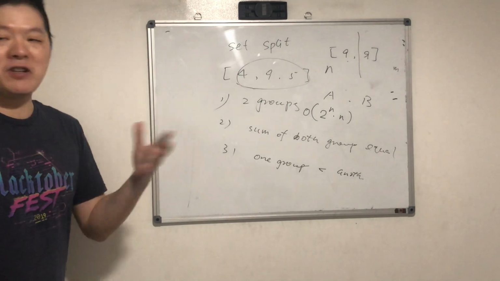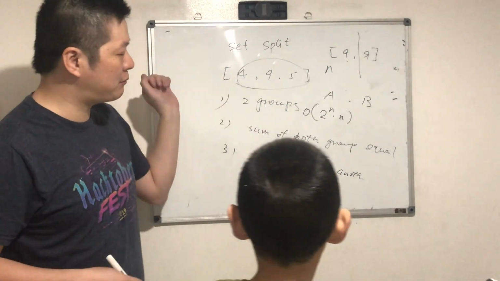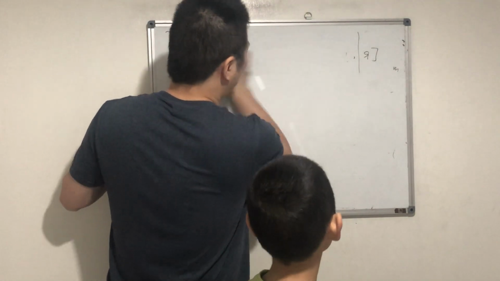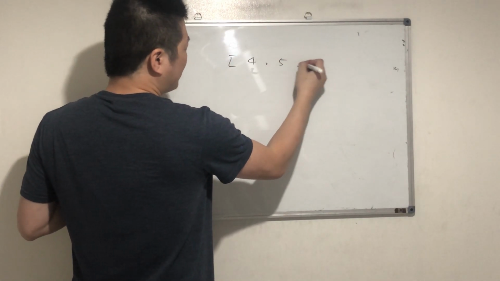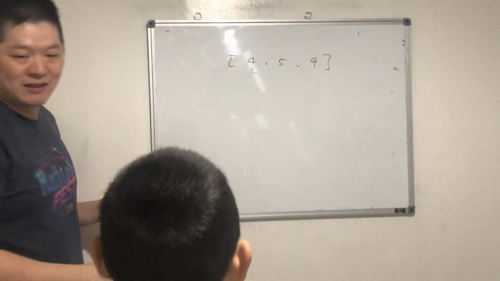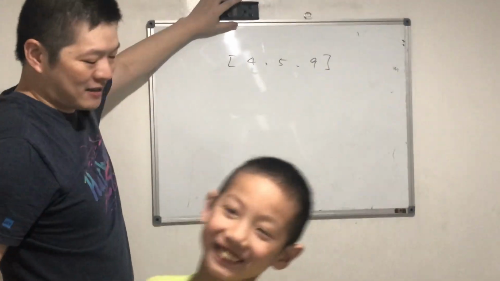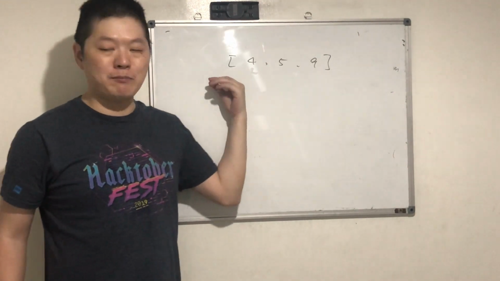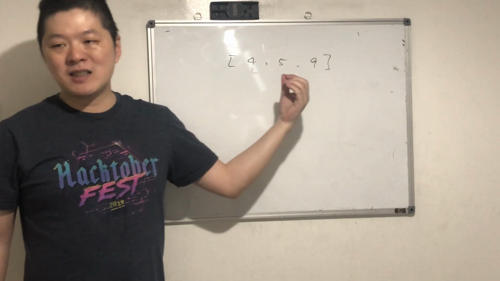So I give you a hint. How about we sort the numbers from the smallest to the biggest? In this case, 4, 9, 5, we sort the numbers: 4, 5, 9. Why is this working?